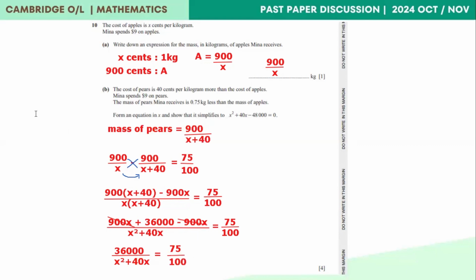Now we can cross multiply. So 36,000 into 100 is going to be 3,600,000.